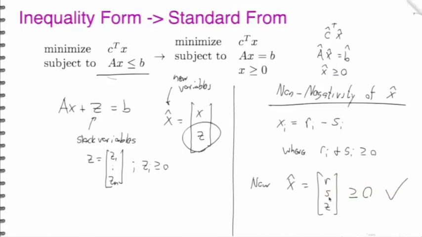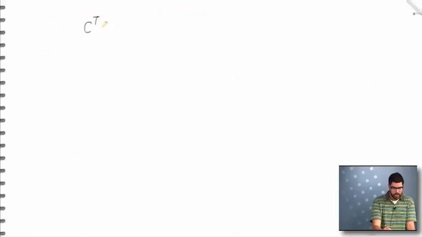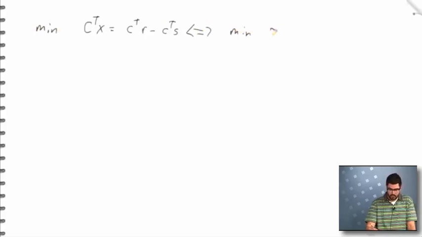Now let's put it into a more compact form. Remember c transpose x, but I've replaced x with r minus s, so you get c transpose r minus c transpose s, giving you a new vector, which is minimize c, minus c, and 0, transpose, times your new vector r, s, and z.